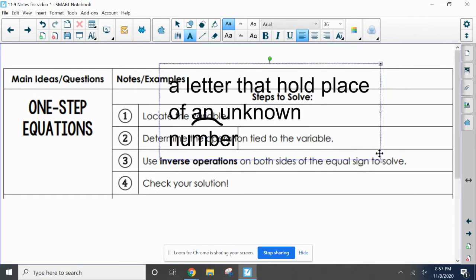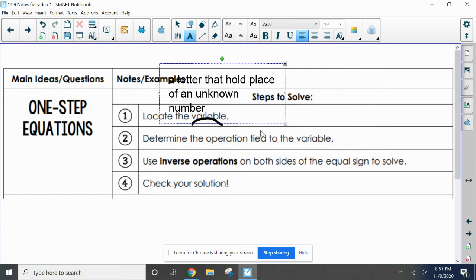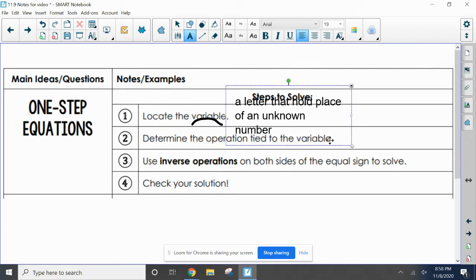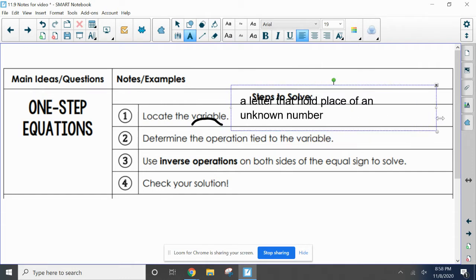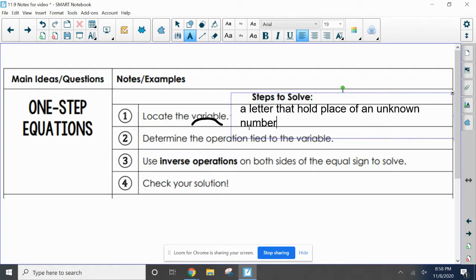You know that, but that's a good thing to include. So let's put that here, but if you do not have room, you can draw an arrow and put that definition to the side somewhere. That's what our variable is.